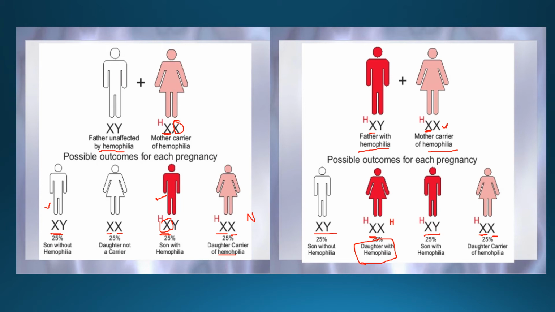So one son will be normal and the other will be affected. And coming to the daughters, one will be a carrier and the other will be suffering from hemophilia. So for a daughter to be affected, the father should be affected by hemophilia and the mother should be a carrier or affected by hemophilia. Only then is the female offspring affected.